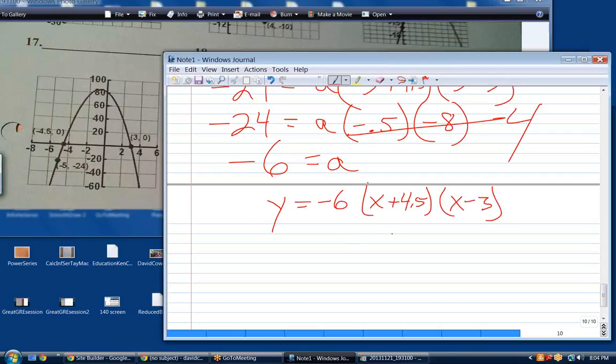You want to put that in standard form? Yeah. I always would advise doing those two first. Okay. Keeps your numbers small when you're dealing with the quadratic.